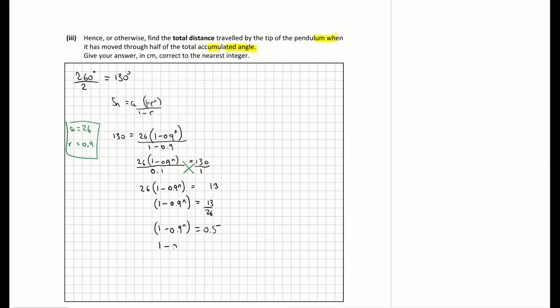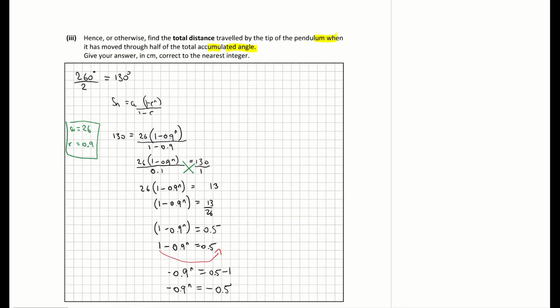So that's giving me minus 0.9 to the power of n is equal to 0.5 minus 1, which is negative 0.5.